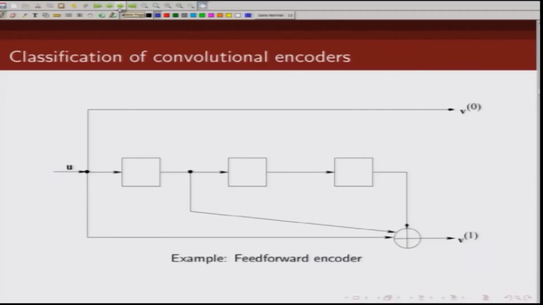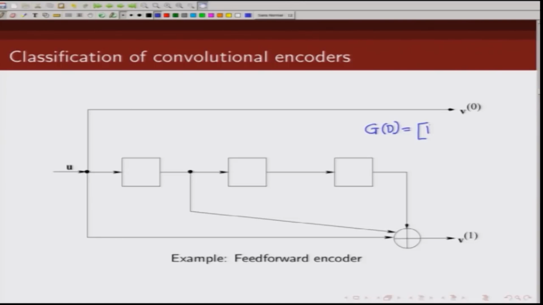This is another example of a feed forward encoder. We can write down the generator matrix G(D) for this. V0 is nothing but the input bit, so this first one is just 1. And what about the second parity bit?